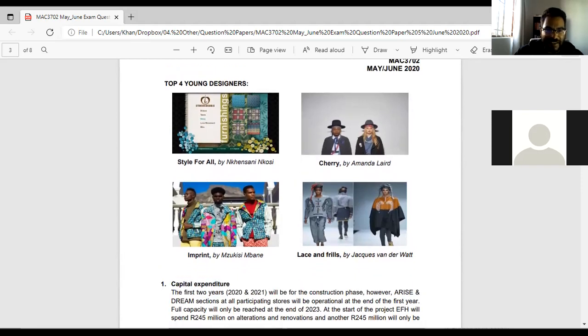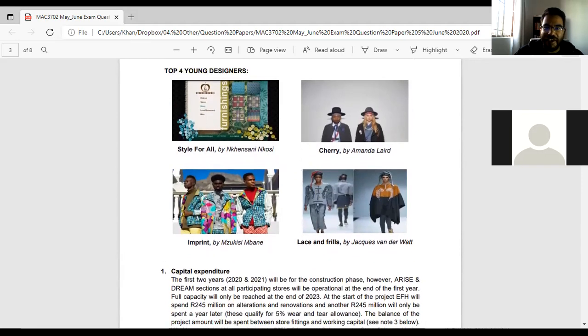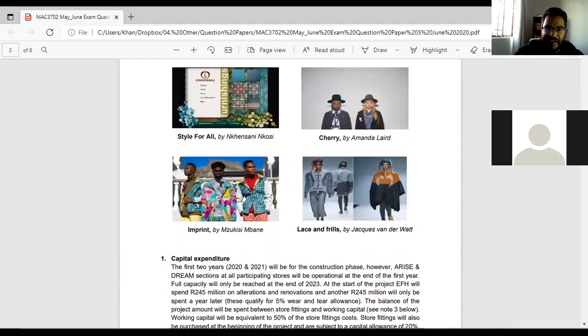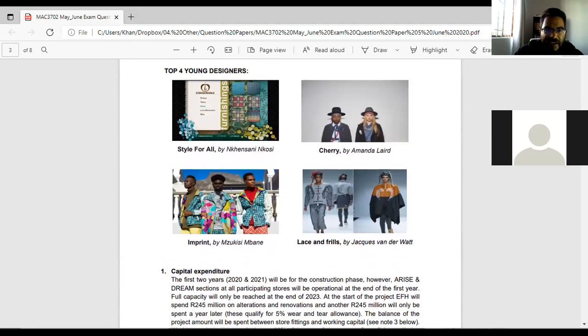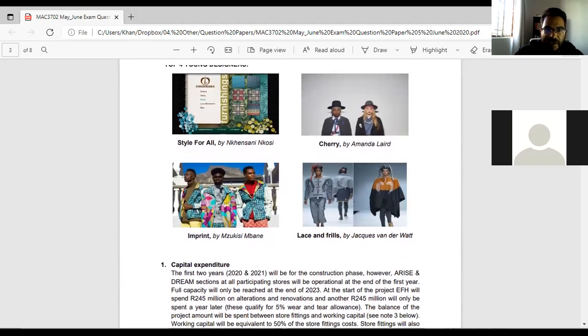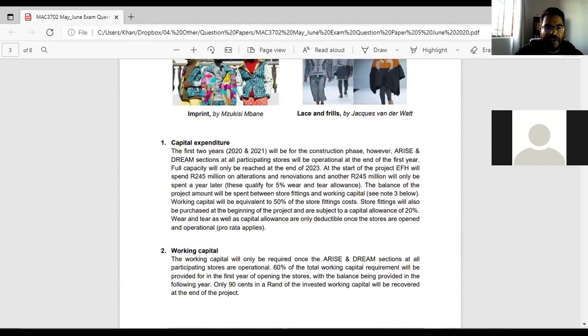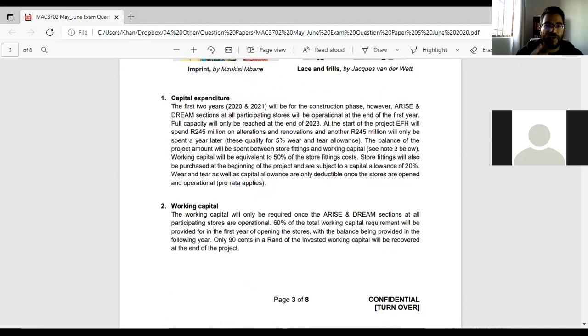Like, who buys stuff like this? Okay, definitely not me. I'm not into these kind of clothing. Okay, I don't know what he makes. Okay, anyway, so let's have a look.